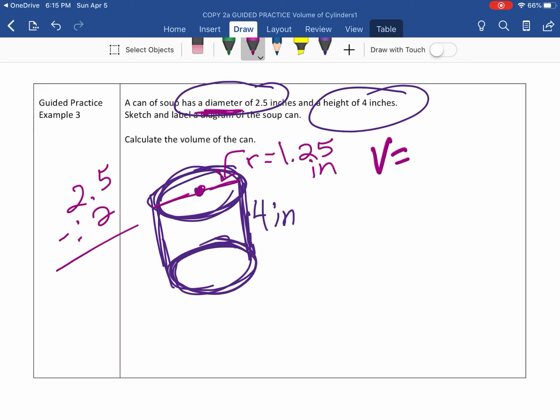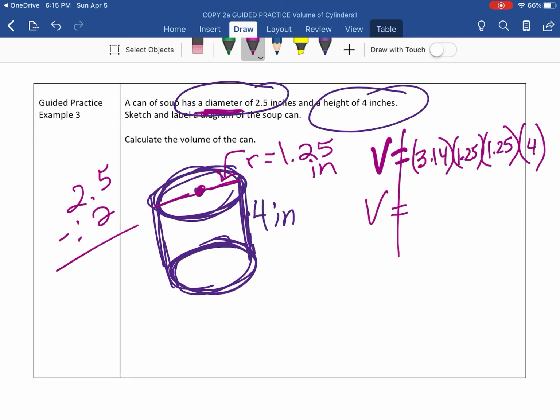All right, let's fill in our formula. Volume equals. So we have pi, which is 3.14, times our radius, 1.25, times our radius again, because it's radius squared, times the height of 4. Volume equals. What do you get when you put all that into your calculator?